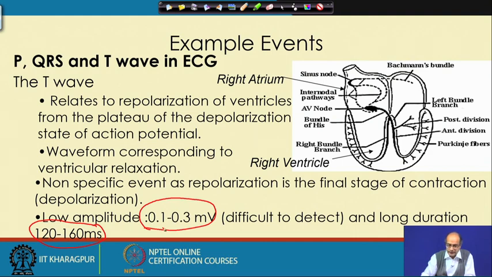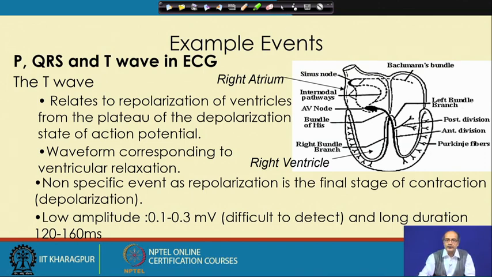So, that is about the T wave. Now, what happened to the relaxation of the atria that was taking place? The only thing is, it was taking place together with the contraction of the ventricle.